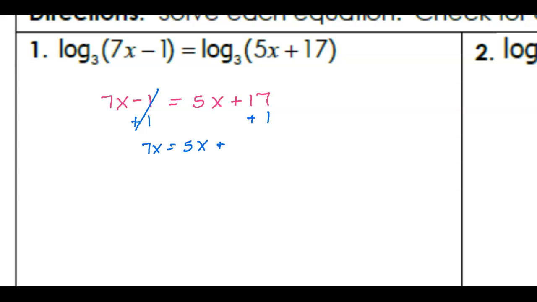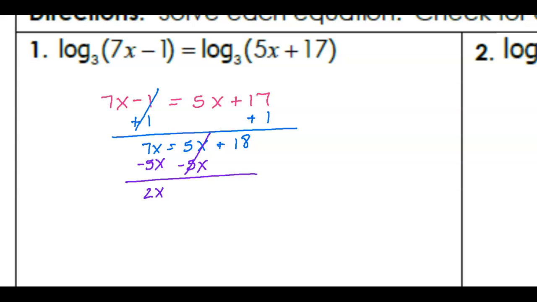So we have 7x equals 5x plus 18 when we add the 1. And then we can subtract the 5x. So we have 7x minus 5x, which is 2x, equals 18. And then we divide both sides by 2 to get the 2 off of the x. So what do we have? X equals 9. This makes sense.